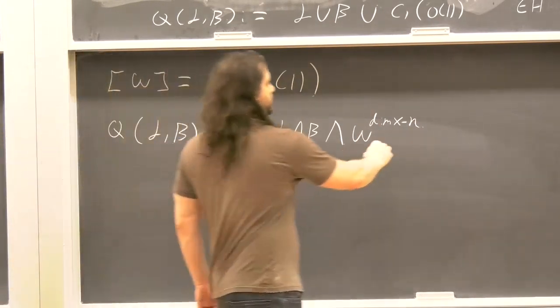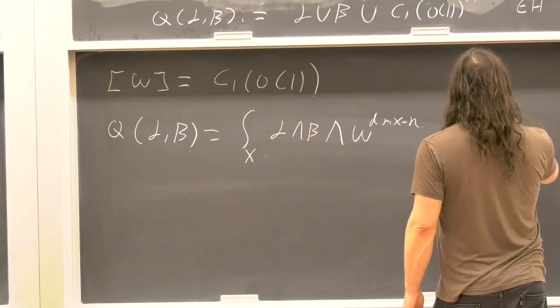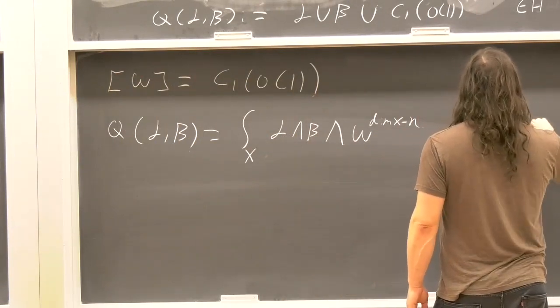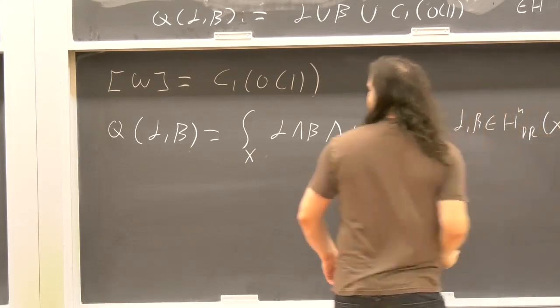So this is if alpha and beta are inside the de Rham cohomology of X. I translate it this way.